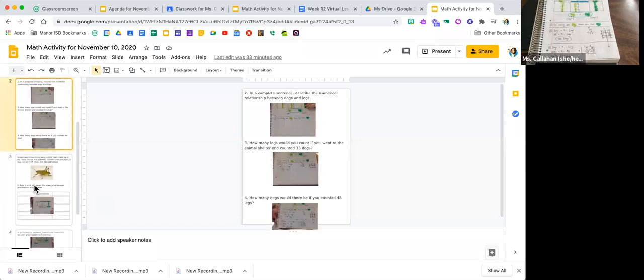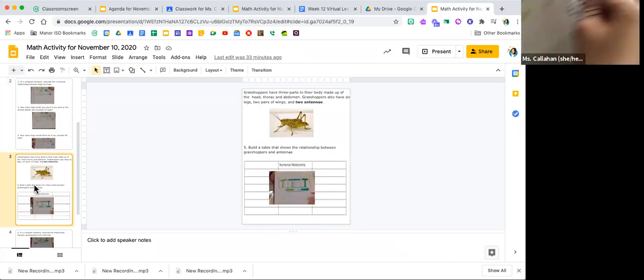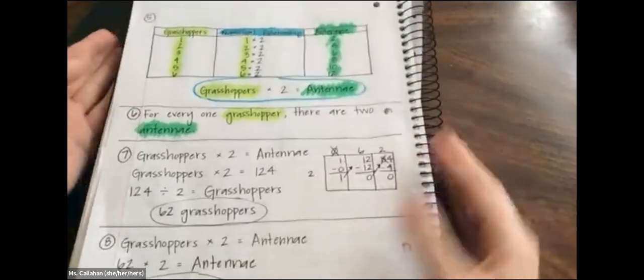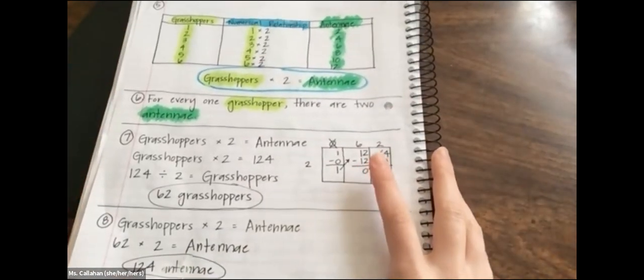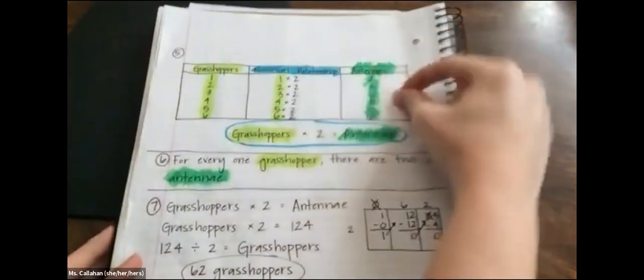We did the exact same thing, friends, for our grasshoppers. If we want to, we can look at this one and see just how that one is about the same. We'll just take a quick peek. And we know it was a really funny day, because Bear kept saying, antennae. So we built a table, okay?